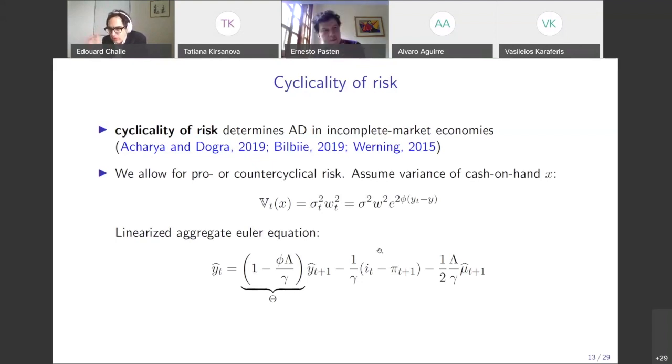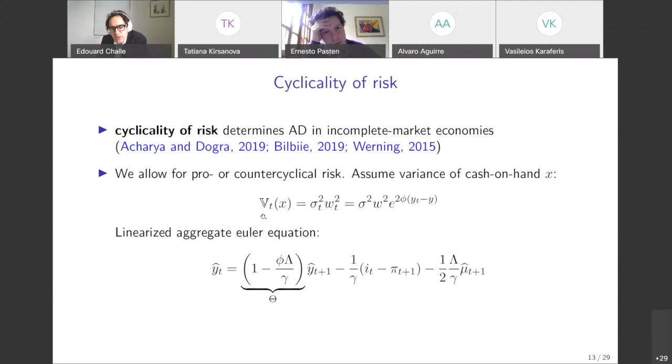So the way we're dealing with this problem, to be very clear, you remember that sigma t determines the cyclicality of the variance of idiosyncratic shocks. We know that in the data, there is some cyclicality in this risk, and we parameterize the cyclicality.